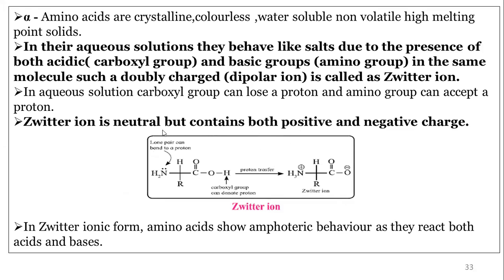So don't write in detail what a Zwitter ion is or how it is formed. It is not required. Only in one line we have to write the answer and draw the structure. Only draw the structure and show this Zwitter ion.